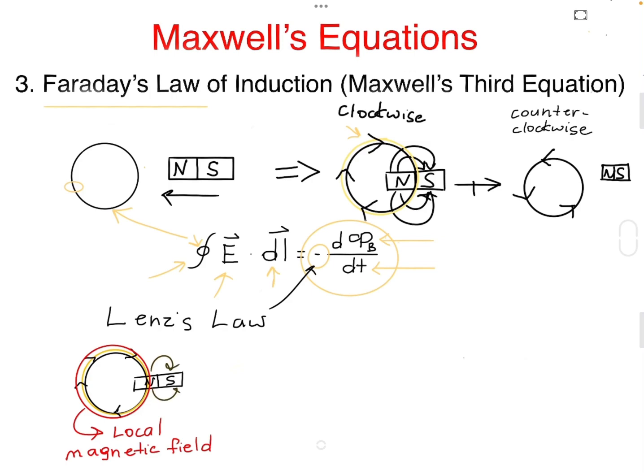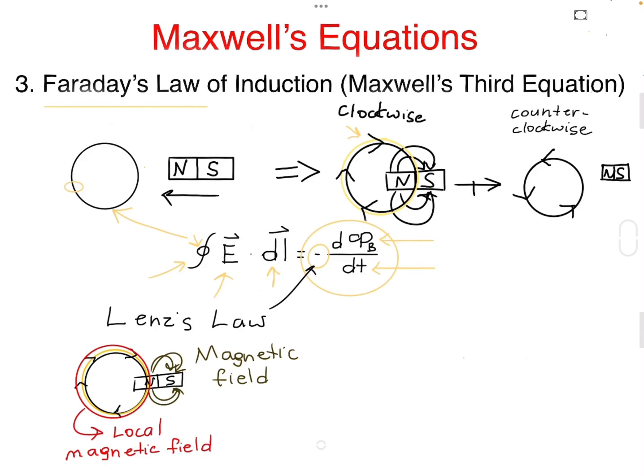This magnet also has its own magnetic field, and if you watch my previous video where I talk about Maxwell's second equation, or Gauss's law for magnetism, I explain there how magnets and the magnetic field behave. So we have this magnetic field, and we also have this local magnetic field.